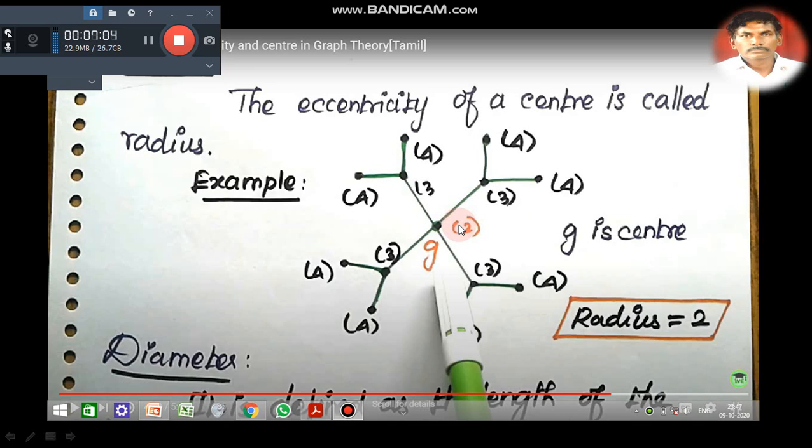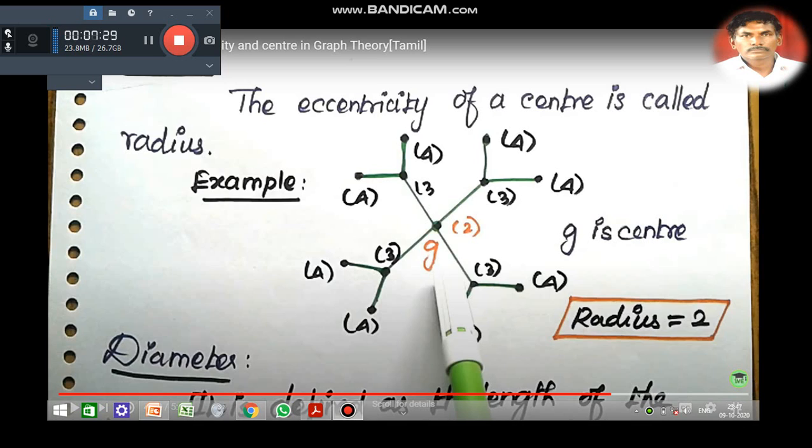In this picture on the screen, all the other vertices have eccentricity of 4 or 3, but G has eccentricity 2 because all the other vertices are only 2 units away from G. Therefore G is called the center.